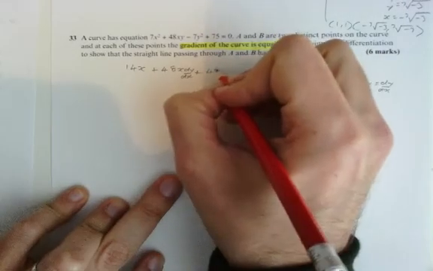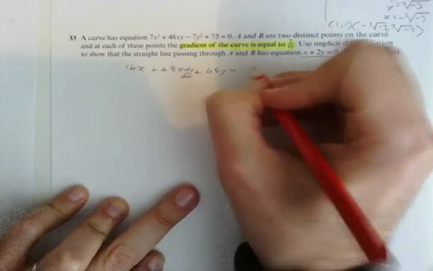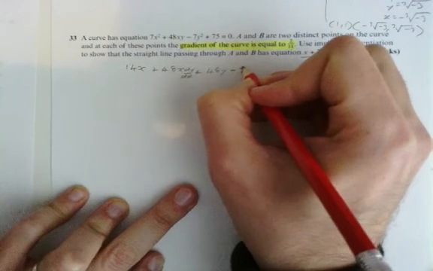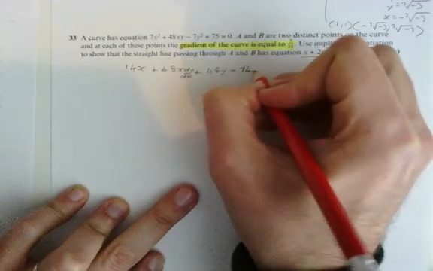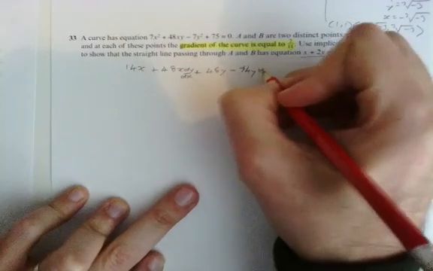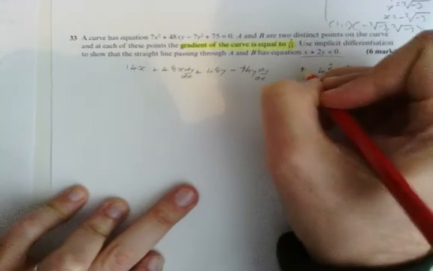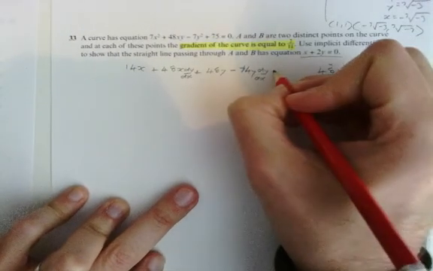Plus v du, which is going to give me y times 48, which is 48y, minus 14y, and then because it's a y, dy by dx, equals 0.